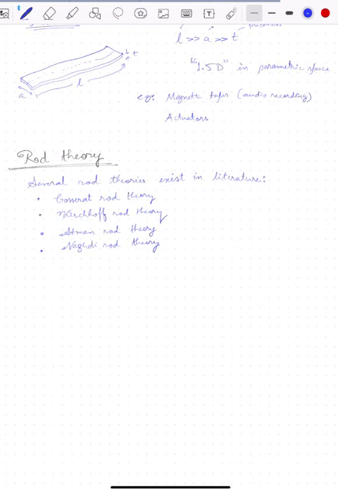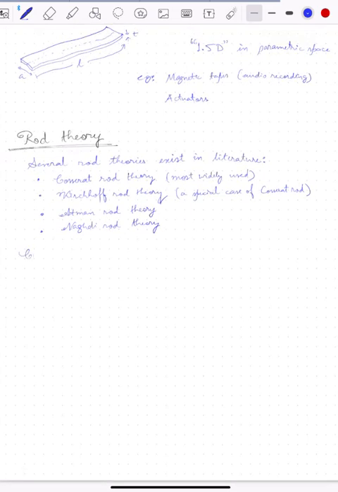But the Cosserat rod is the most widely used one, and Kirchhoff rod theory is a special case of it. So we begin with Cosserat rod theory as discussed.